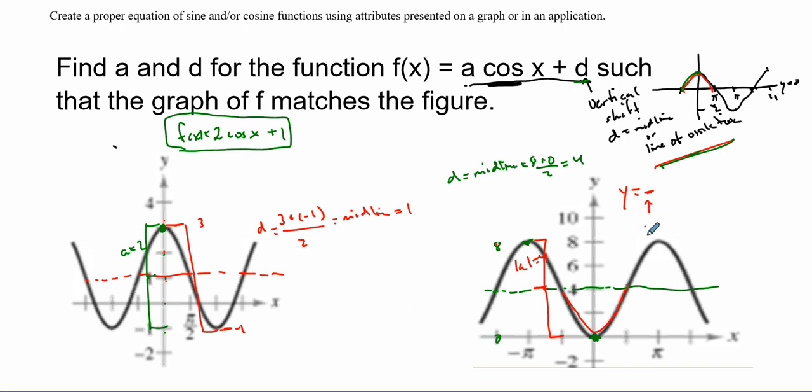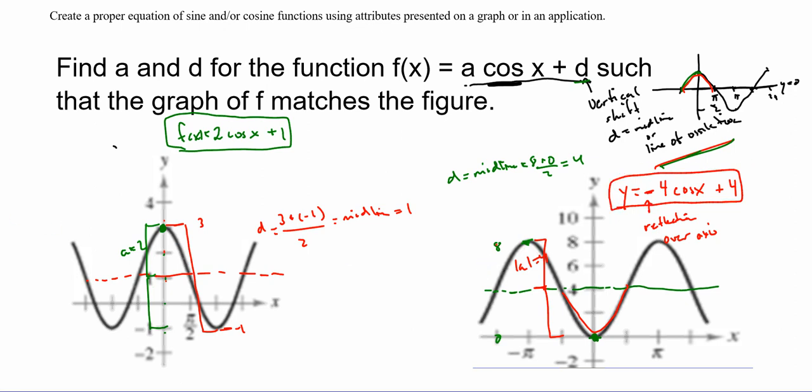That is a reflection over the x-axis. Then we take A, which we know is 4, times cosine of x, and we add in our line of oscillation where we've been shifted to, and that's going to equal 4. And so there, my friends, is our equation for this cosine graph.